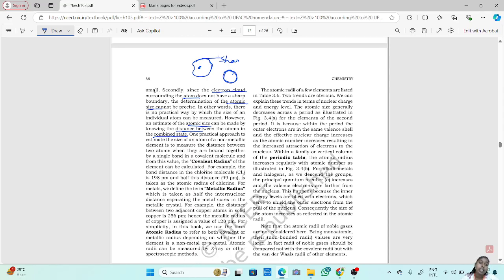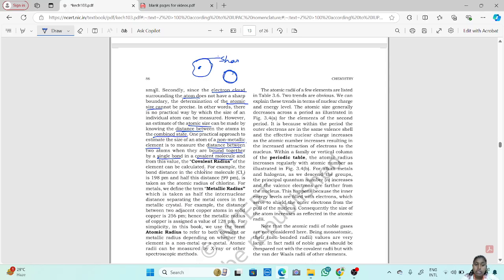Now here they have taken non-metallic elements, two non-metallic elements. They have measured the distance between them when both of them are bound together by a single bond. Only one bond is involved, in a covalent molecule.